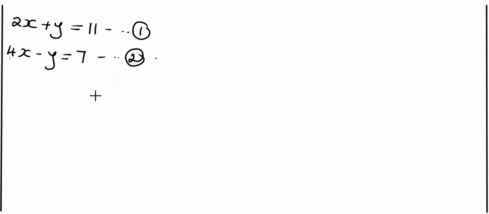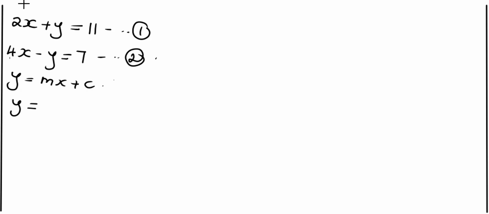The next step, we must write the two equations in this format, where we have y = mx + c. The first equation is not in this format because y must start. So I start with y, then equals mx, but you see in this case the coefficient of x is 2, then you have the x.